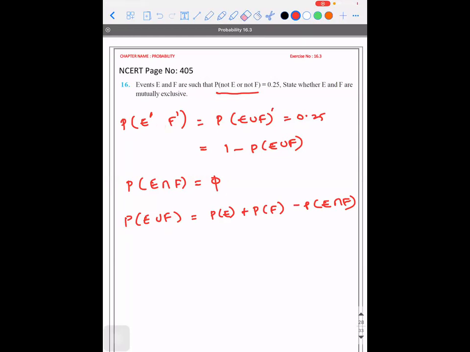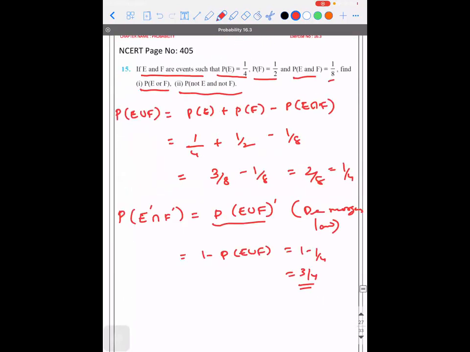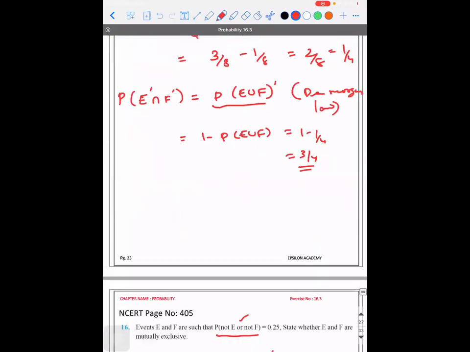Extremely sorry, I made a mistake actually. E intersection F the whole dash, that will be E union F. Sorry, intersection. I didn't see the word or. Unlike the previous question, it is and. I thought it's similar.